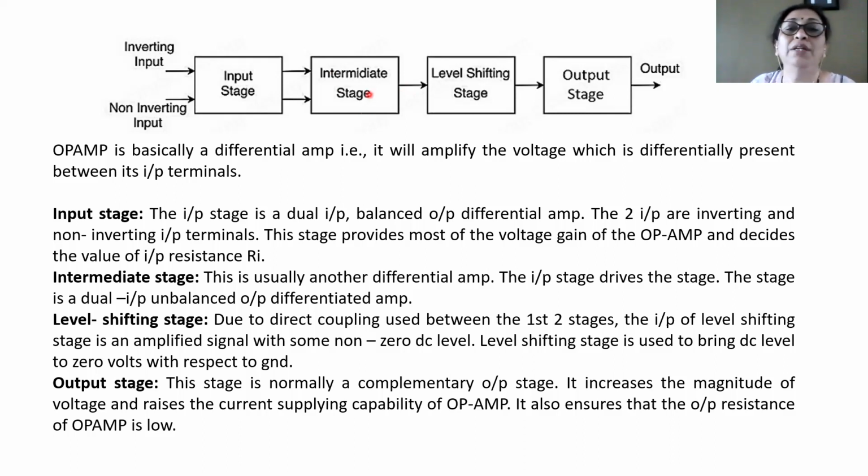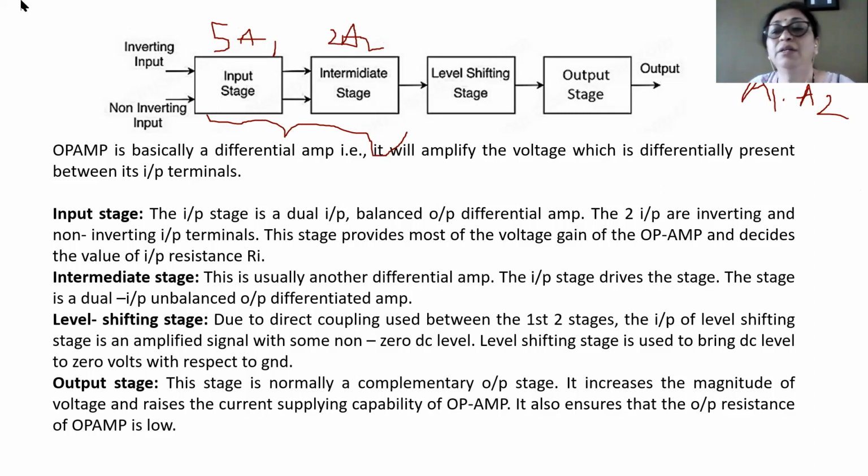Suppose the voltage gain of this stage is A1 and that of the other is A2, then the overall gain of both stages will be A1 into A2. If the gain of A1 is 5 and that of A2 is 2, then the overall gain of both stages is 10. So it is going to amplify the input signal 10 times. This is the meaning of this.